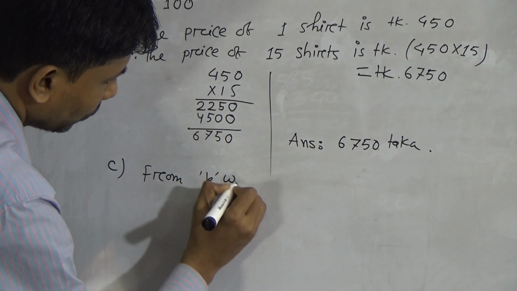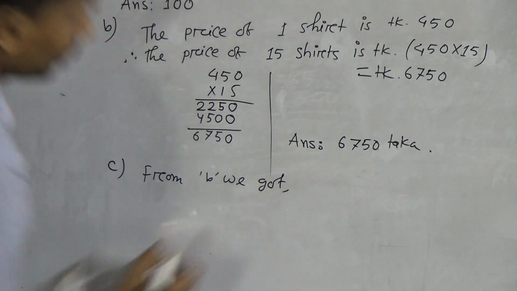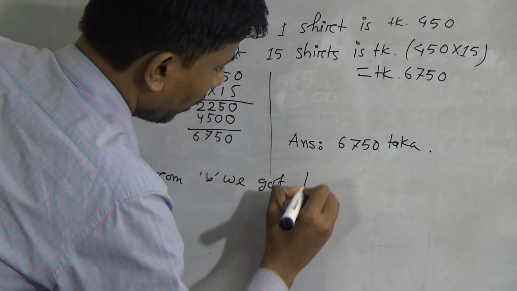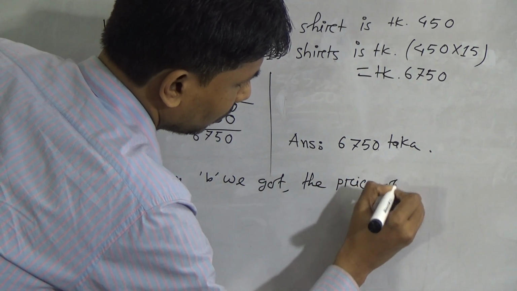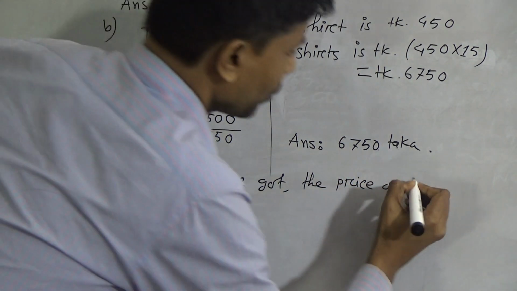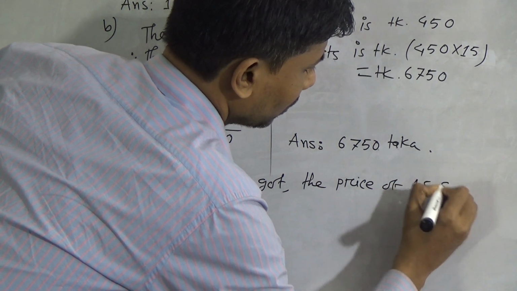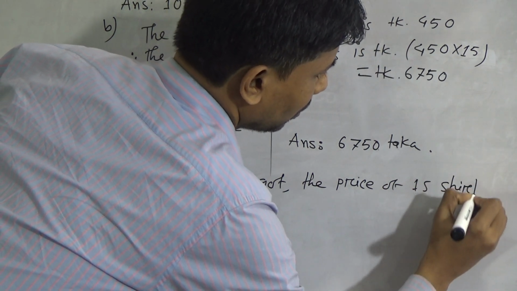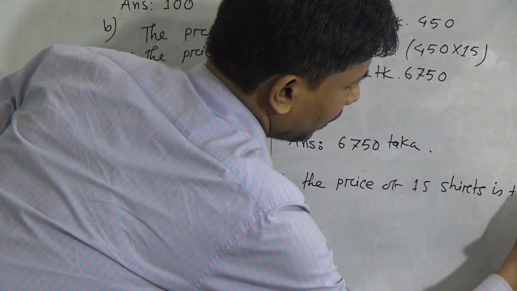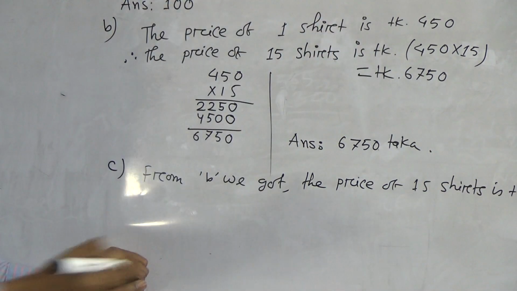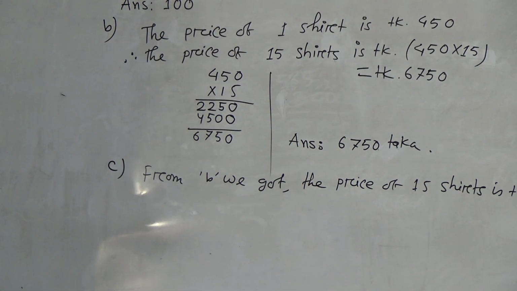Okay student, at first write from B, we got the price of 15 shirts is taka 6,750. Okay, 6,750.